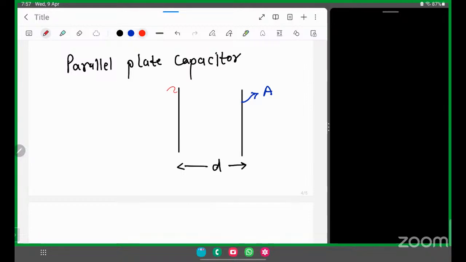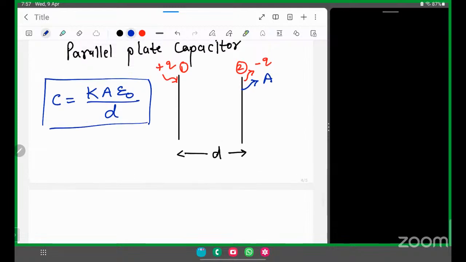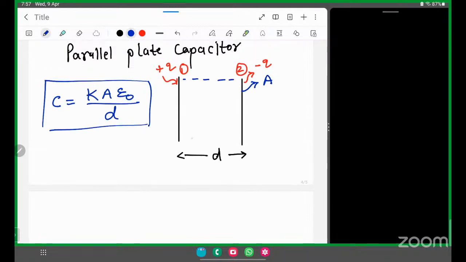A certain amount of positive charge, plus Q, is given to plate 1. The same amount of charge will be at plate 2, but with opposite polarity, that is minus Q. This is plate 1, this is plate 2. And we have to find the value of capacitance C. In a parallel plate capacitor, capacitance C is given by K A epsilon naught by D, where K is the dielectric constant of the material filled between the plates.